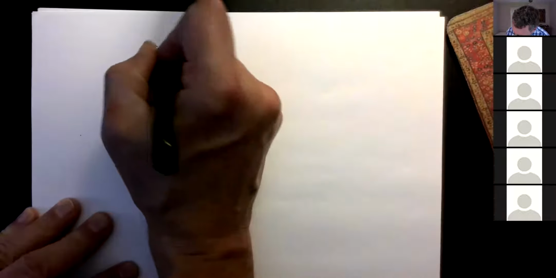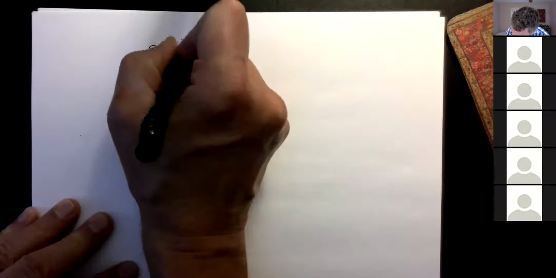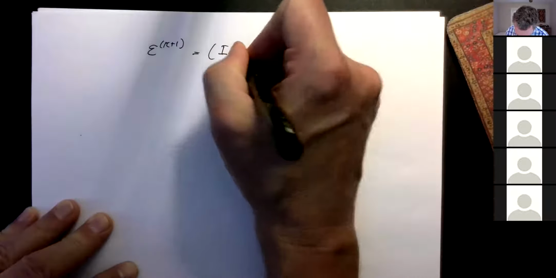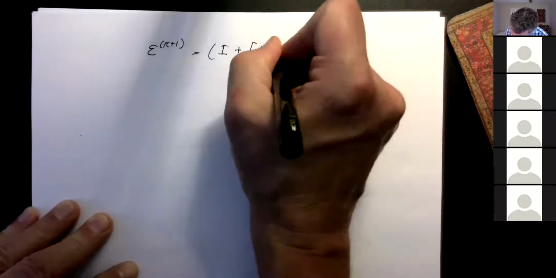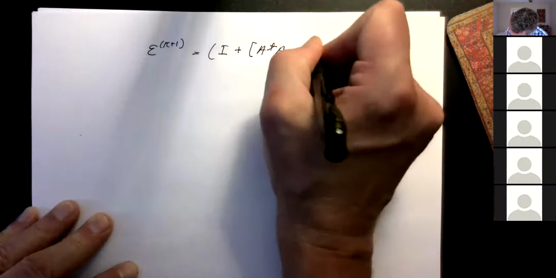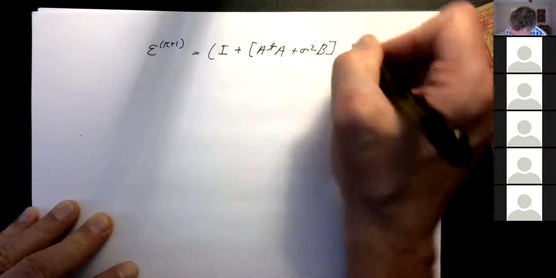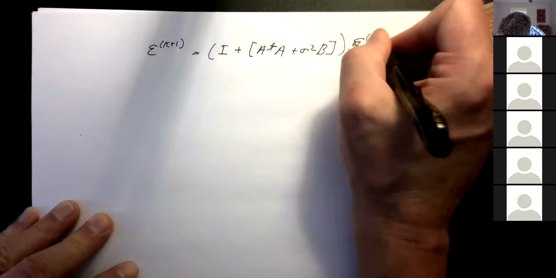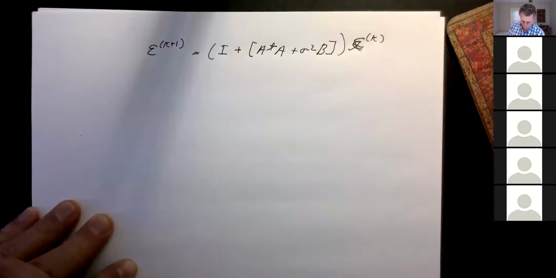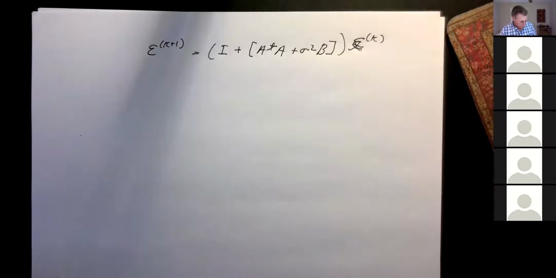So what you get is epsilon k plus 1 is equal to I minus A transpose A plus sigma squared B, times epsilon k.